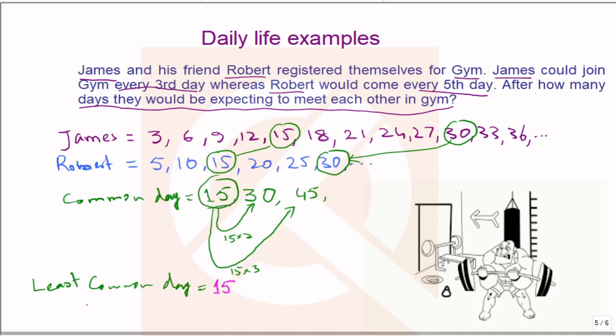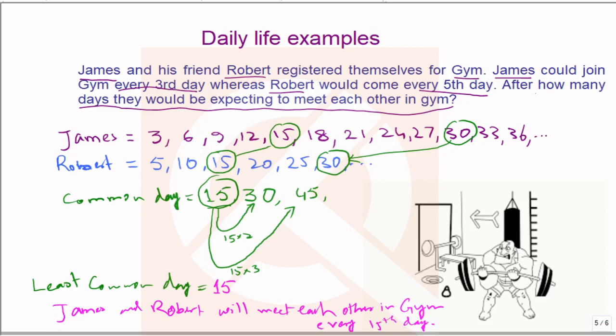In statement form, we can say that James and Robert will meet each other in the gym every 15th day. So this is how we solve the problem.